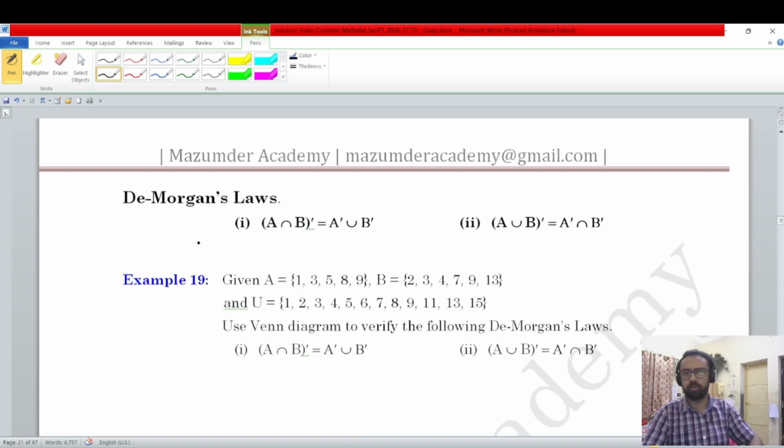Next we have a very important law which is used a lot of times in different higher mathematics also. This is called De Morgan's law. What is De Morgan's law? It has two forms. One is using intersection, another one is using union. So let me explain it.